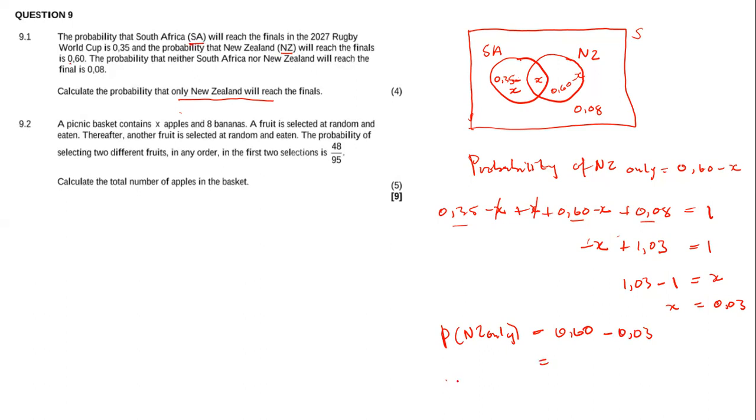Therefore, the final answer to this question, the probability of New Zealand only, will be 0.60 subtract 0.03, which is 0.57. This is how we answer this question. And I hope that was clear. Feel free to ask whenever you really do not understand how we managed to tackle this question.